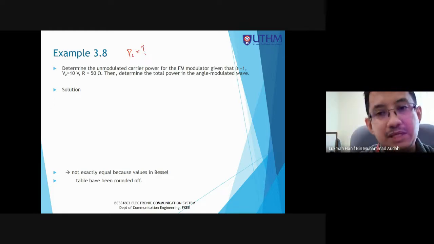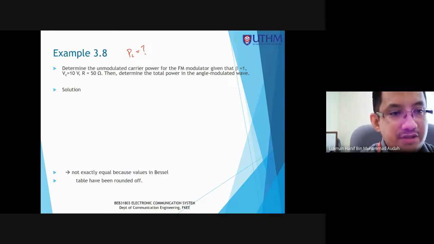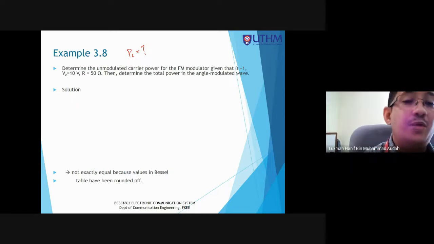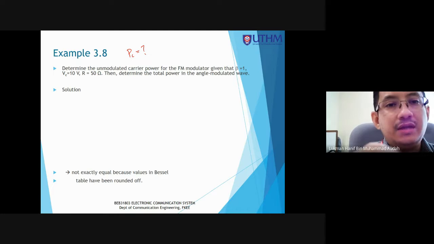Given that beta equal to 1, Vc equal to 10, R equal to 50 ohm. Then determine the total power in the angle modulated wave.